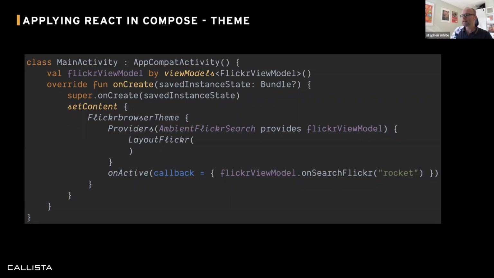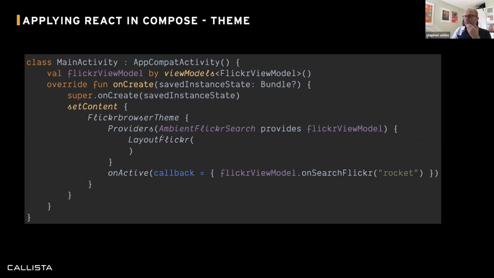So looking at the main activity, this is where we're feeding or setting everything up. And this is the main entry point that you would set up in your Android manifest.xml. So you can see here that I'm instantiating the Flickr view model. And then on create, this is another effect. And basically this will be run when the main activity is first created.